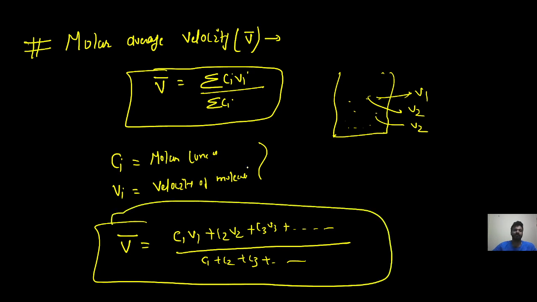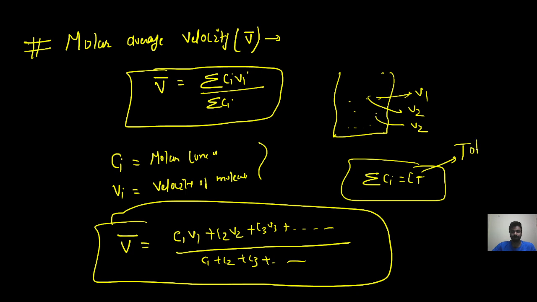This is the way you can find the molar average velocity. Sometimes the summation of Ci is called the total concentration Ct. I think up to this point everything is clear on how to define the molar average velocity.